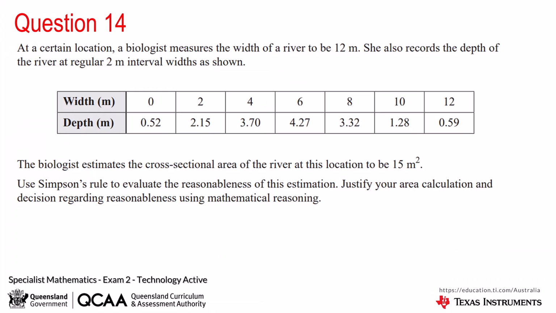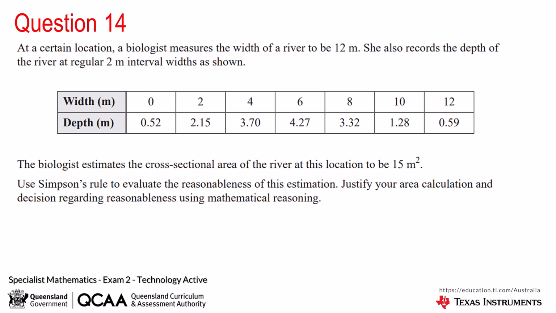Question 14 is worth 4 marks. At a certain location, a biologist measures the width of a river to be 12 metres. Also, the biologist records the depth of the river at regular 2-metre interval widths. She estimates the cross-sectional area of the river at this location to be 15 square metres.